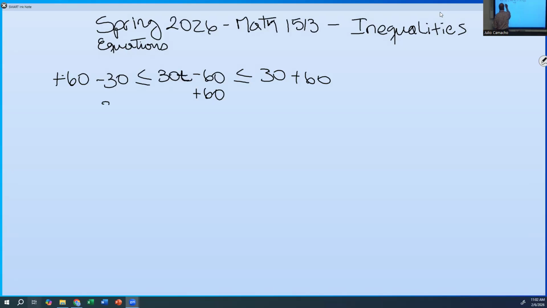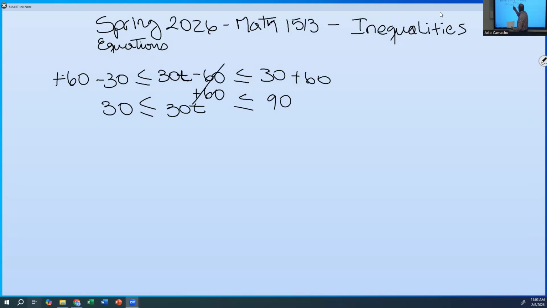Very good. It's okay, you're thinking. That is what matters. These cancel, and right here you have positive 30 and positive 60, which will be 90. Everybody agree with that?